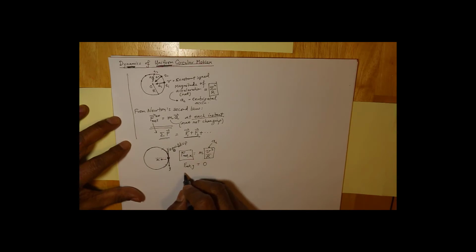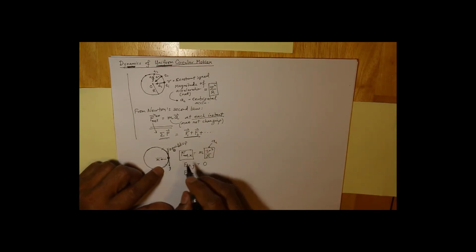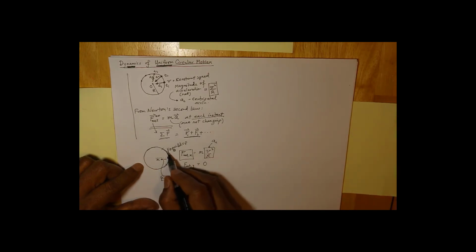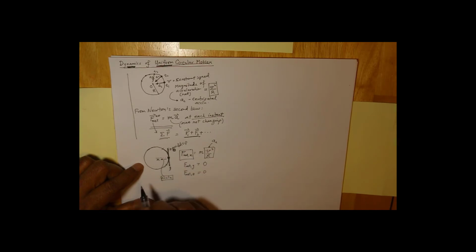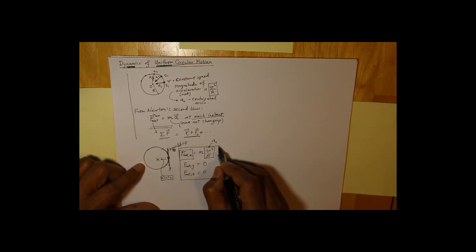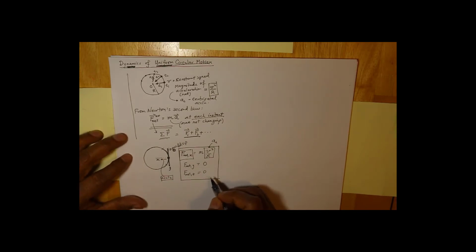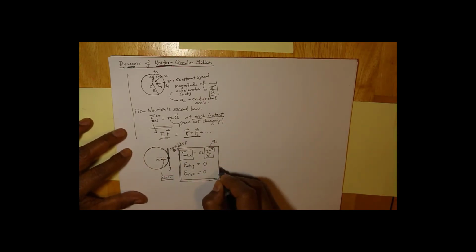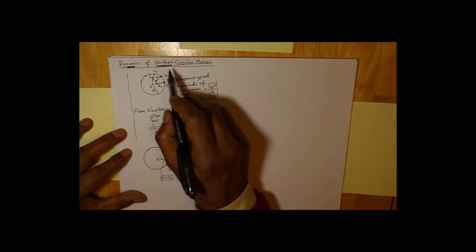If I look at the forces along this direction, they should add up to 0 because there's no acceleration there. This is the only acceleration. So there is no acceleration along the y direction or along the z direction. These are three equations we're going to get when we apply Newton's second law to circular motion with a uniform speed.